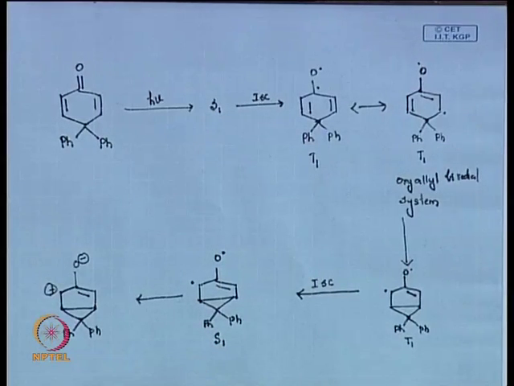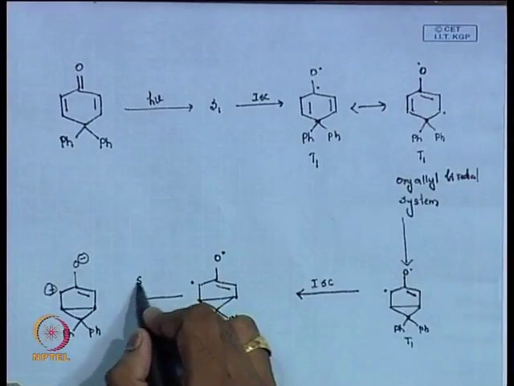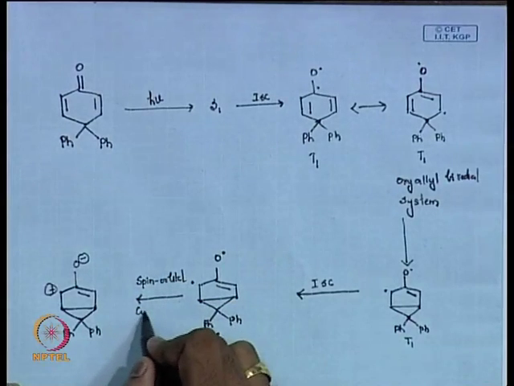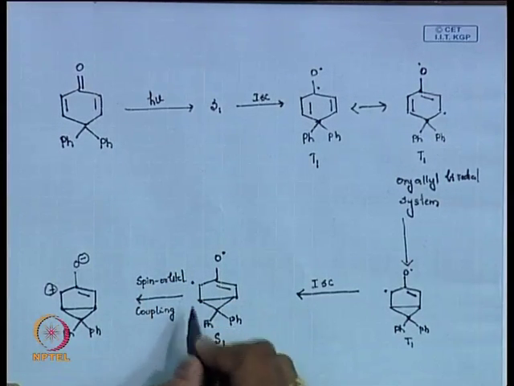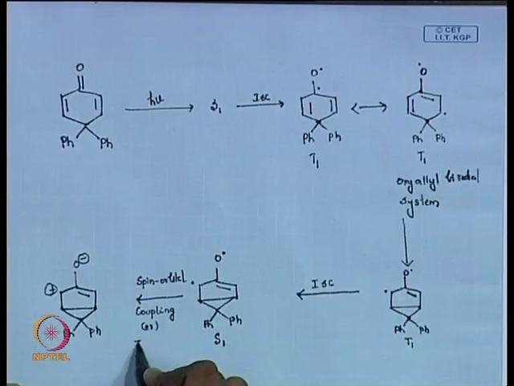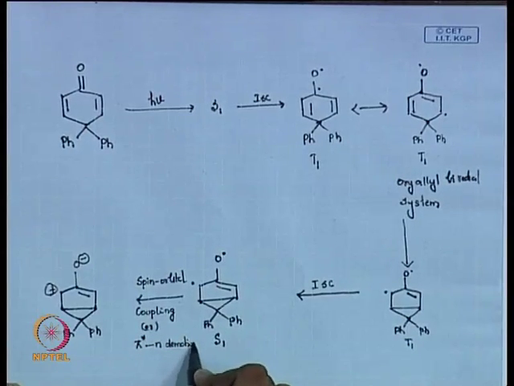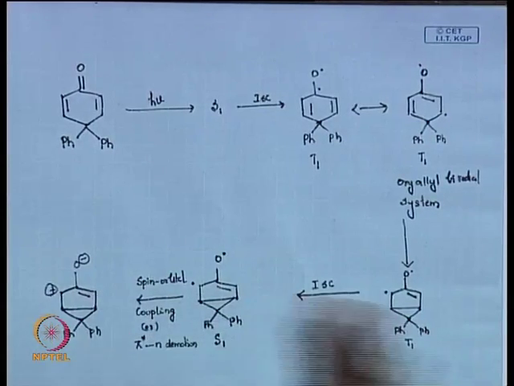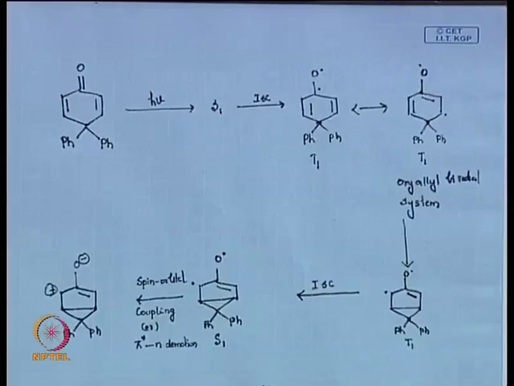People call it pi star to n motion, or you can call it spin orbital coupling. There are different words for it, but it is a very good example to see spin orbital coupling, which tells you why it is important, because two radicals come together and become a type of zwitterionic species.